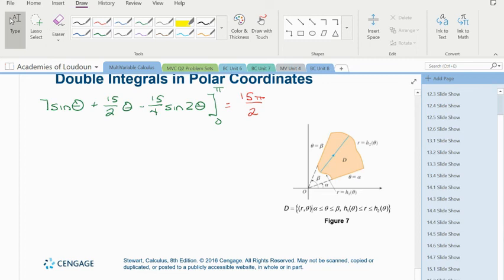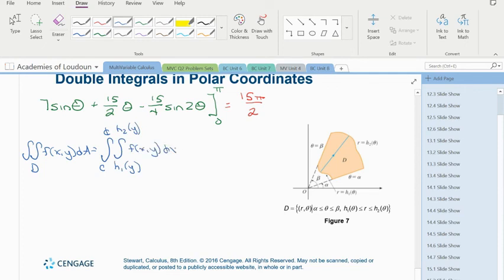In fact, if we combine formula 2 with the double integral over region D of f of x, y, dA, and look at this as a type 2 region, with h1 of y and h2 of y, of f of xy dx dy, we can then come up with the following formula: if f is continuous on a polar region, then we can write this as the integral from alpha to beta and h1 of theta to h2 of theta of f of r cosine theta, r sine theta, r dr d theta.